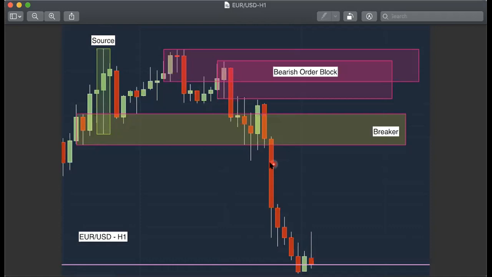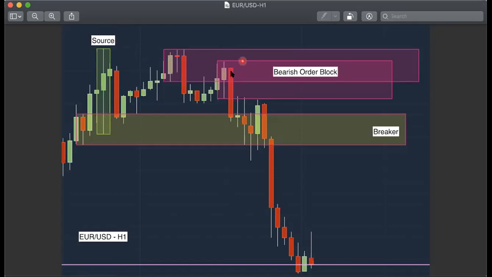and then at the end we see this is broken and we got the breaker here because this candle closed below. And remember, all these wicks are below this wick, so we consider this candle as the highest wick candle, and that's why we call this one source.